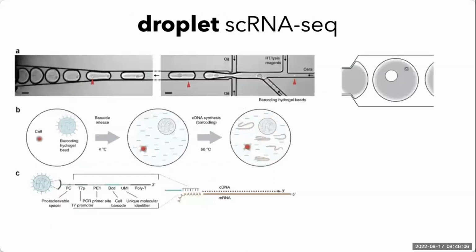So one of the most popular methods to isolate these cells into single cells is the droplet-based method. This method will actually encapsulate each individual cell inside a nanoliter droplet that is present together with a bead. The bead is loaded with the enzymes, and these enzymes will construct the library.